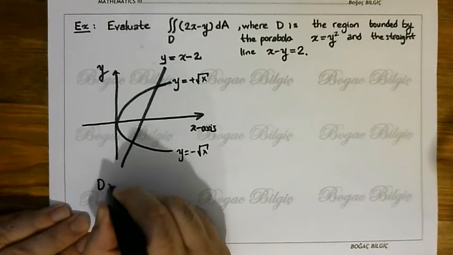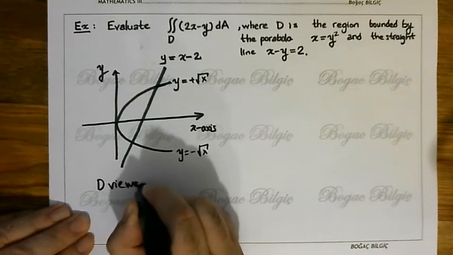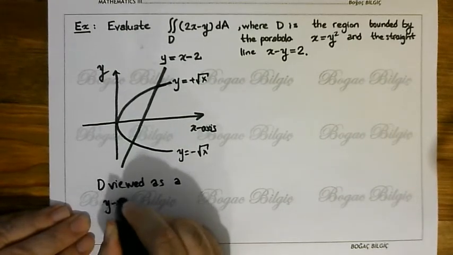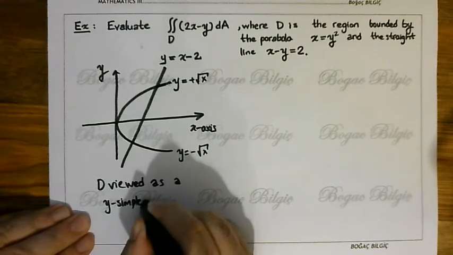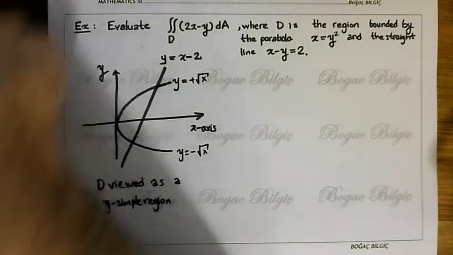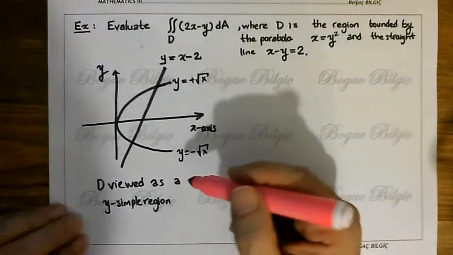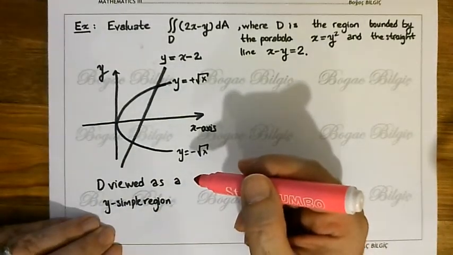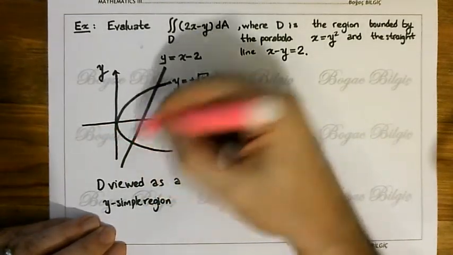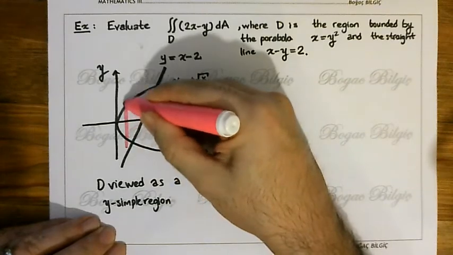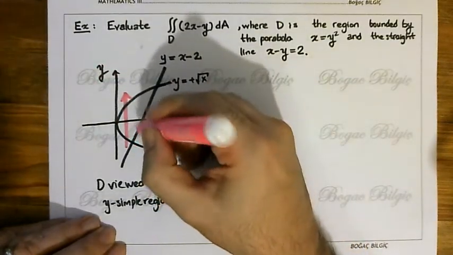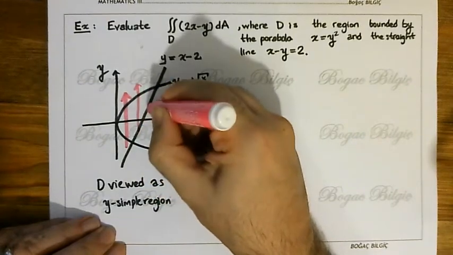D viewed as a y simple region. Do you remember y simple region? This is, we view parallel lines to the y-axis.